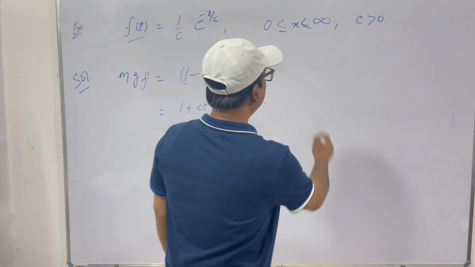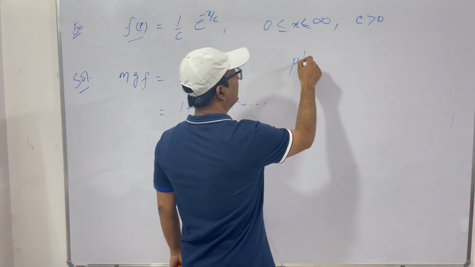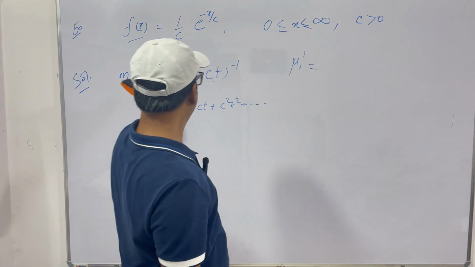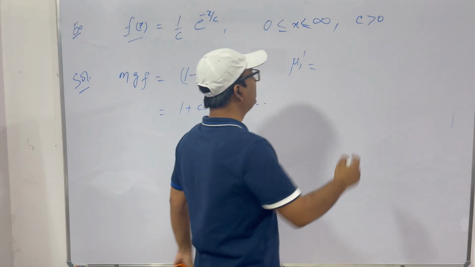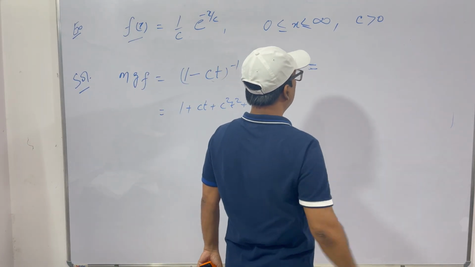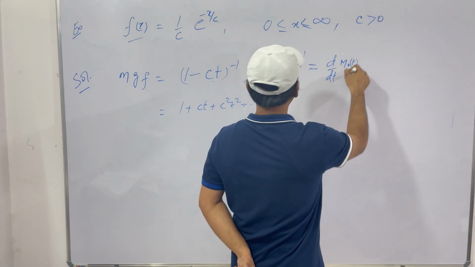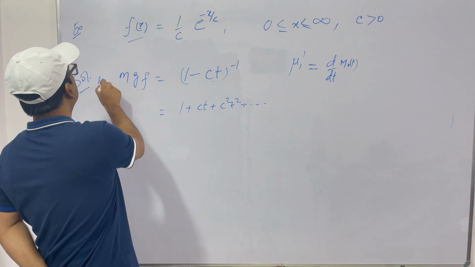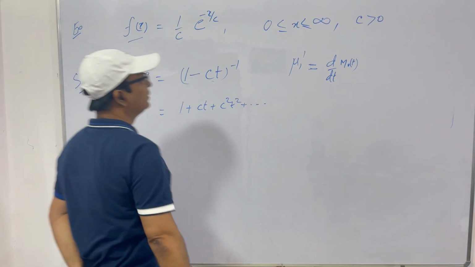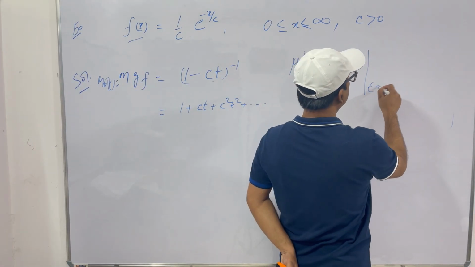So we have got our moment generating function. What we have to find? We have to find mu1 dash, that is the mean, because this is about the origin only. It is the first derivative of m0t at t equal to 0.